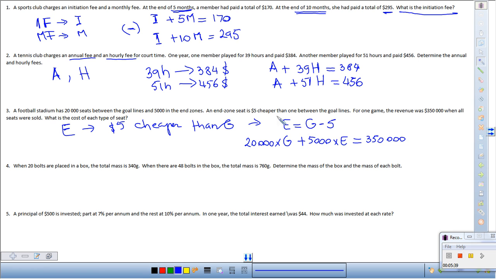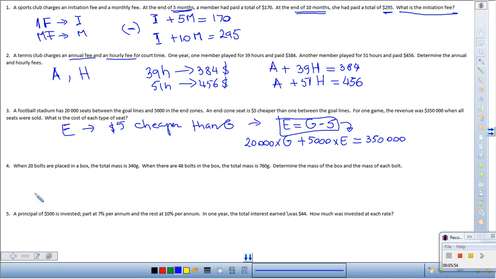Now, you can see that it's already set up for me in that substitution form, and you can use the expression that represents E to plug into the second equation and find the cost of each type of seat.